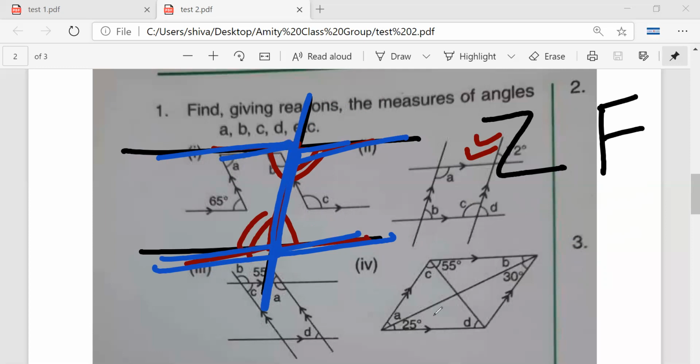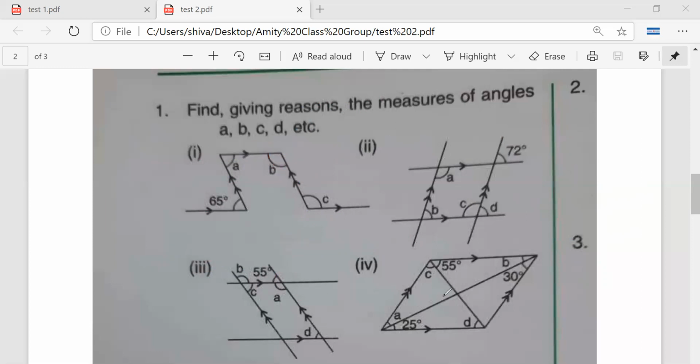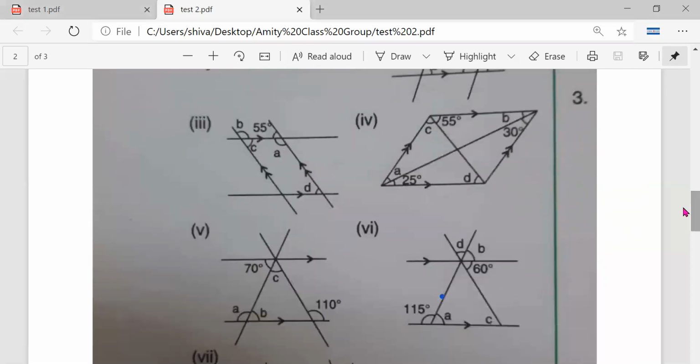No. Mr. Sarthak, any doubt? Mr. Satya, any doubt? No. Okay.